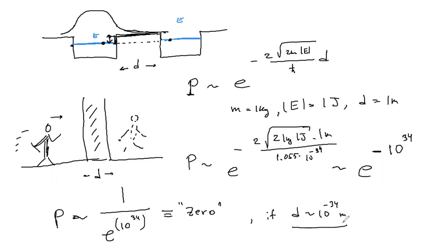The size of protons and neutrons is 10 to minus 15 meters. So who wants to tunnel through this distance? It makes no sense. So the Planck constant plays a very significant role because it basically makes our classical world, classical laws of nature, valid for classical objects.